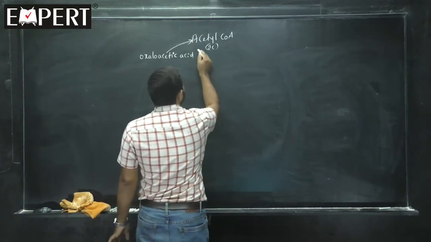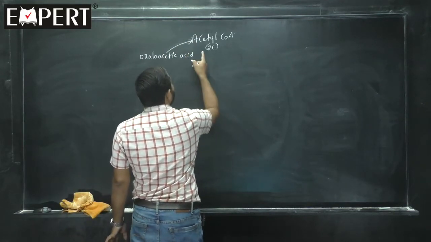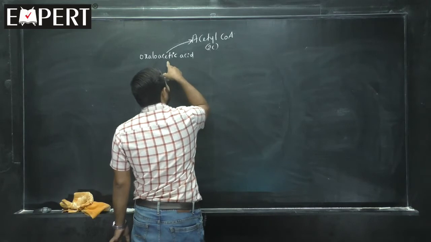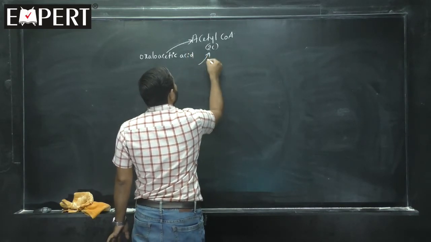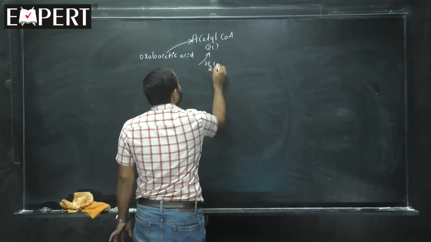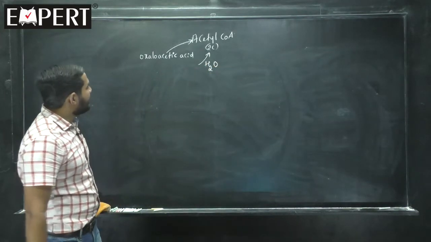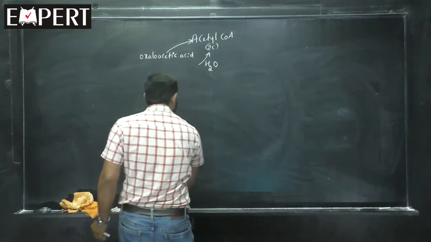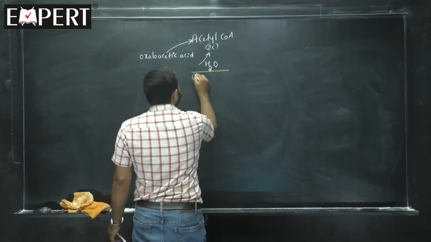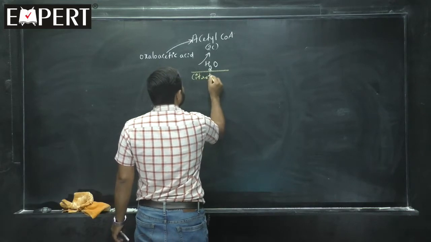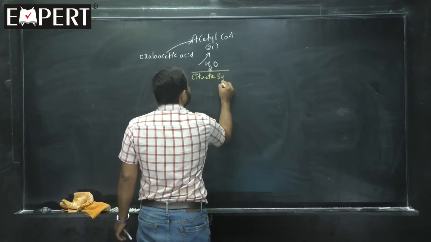This reaction between oxaloacetic acid and acetyl-CoA requires water, H2O, and this is done by an enzyme called citrate synthase.